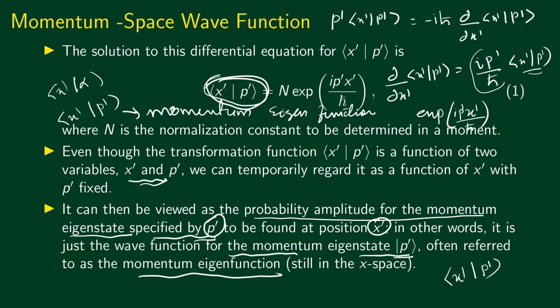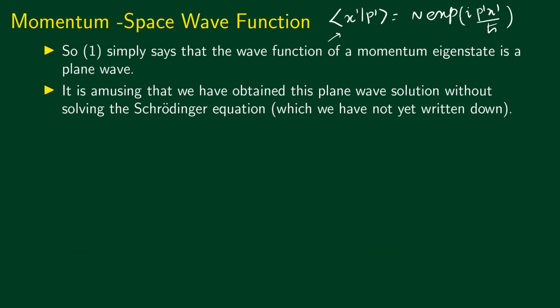So what are we talking about? We are talking about the x space representation of the momentum eigenket. This is the x space or the coordinate space representation of the momentum eigenket, and it's called a momentum eigenfunction. So this solution simply says that the wave function of a momentum eigenstate is a plane wave.